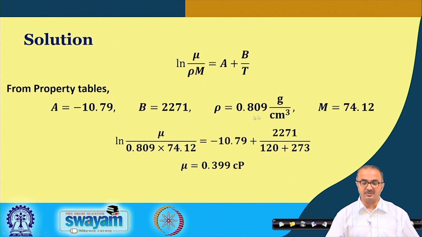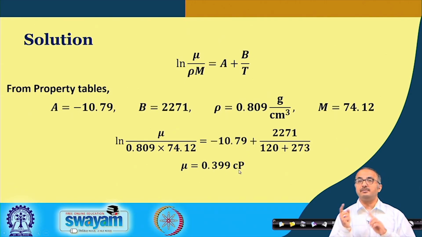We have the values of these specific constants from a data source, and this is the density and this is the molecular weight. We simply plug in the values in this expression and get the liquid viscosity, in terms of centipoise.